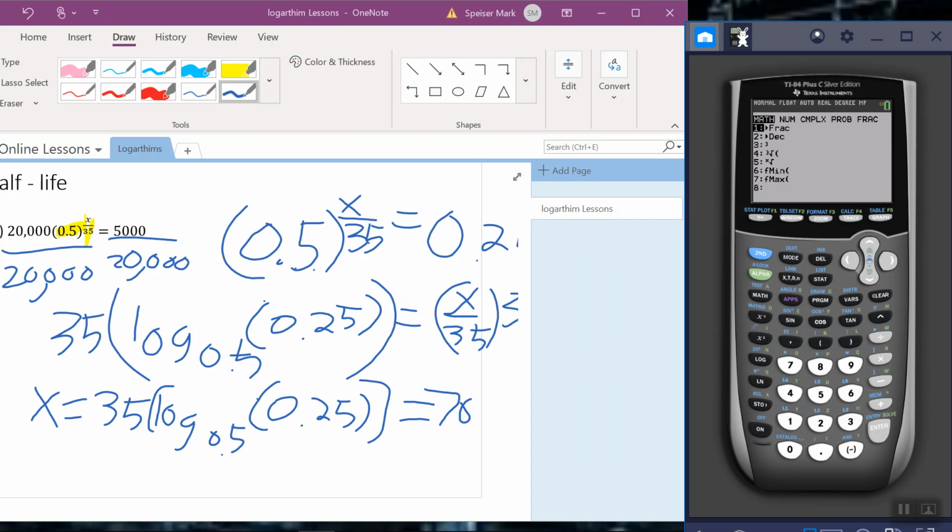So you have log of 0.5 to the 70th power, so that is your power. Divided by 35. Get 0.25. And it's the same thing as 0.5 raised to the second power, since 70 divided by 35 is 2. On to the next question.